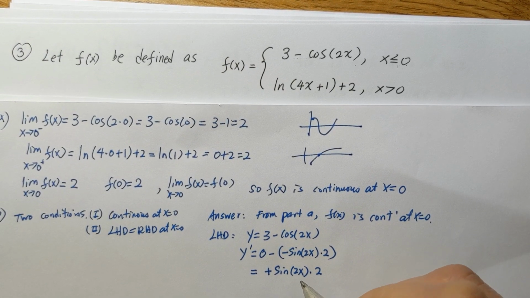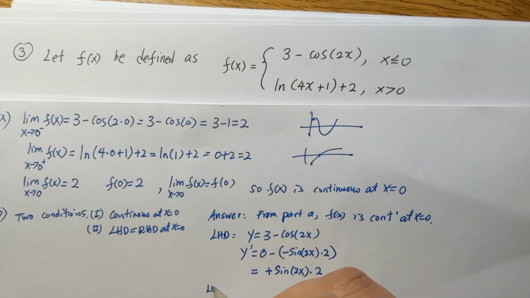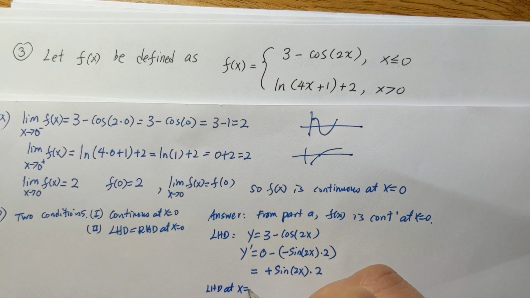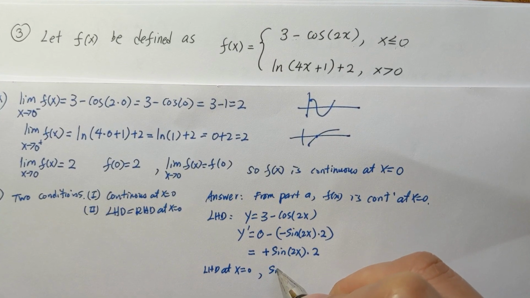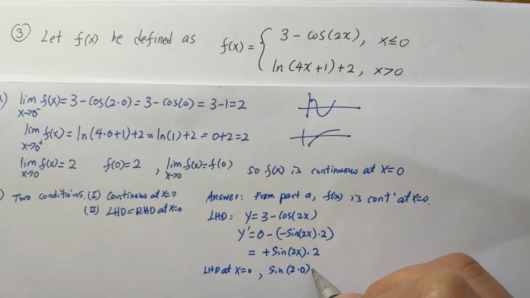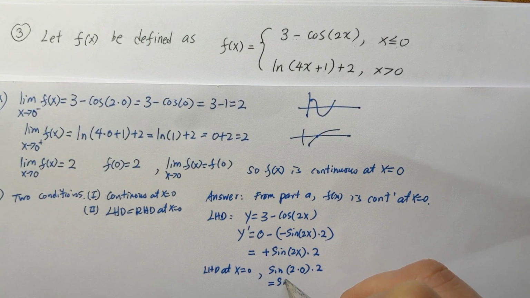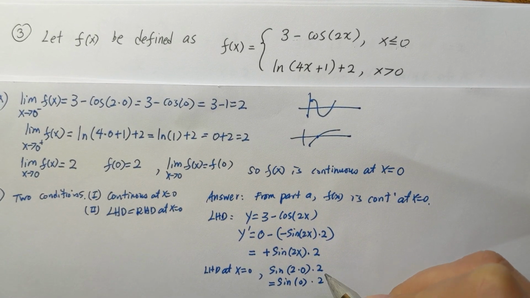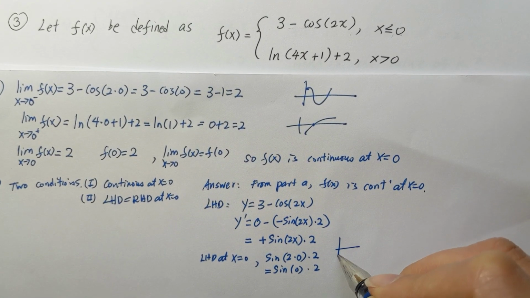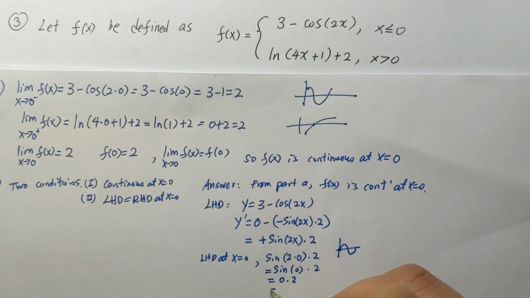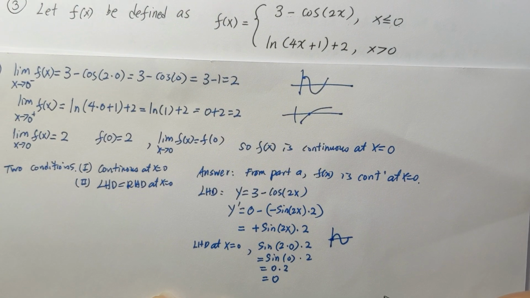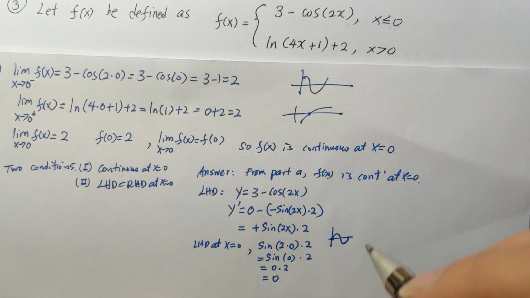So we get the left hand derivative at x equals 0. Don't forget to substitute. So we get sine of 2 times 0, times 2. So it becomes sine 0 times 2. We know that the sine function looks like this, so it's going to be 0 times 2 equals 0. So the left hand slope equals 0.